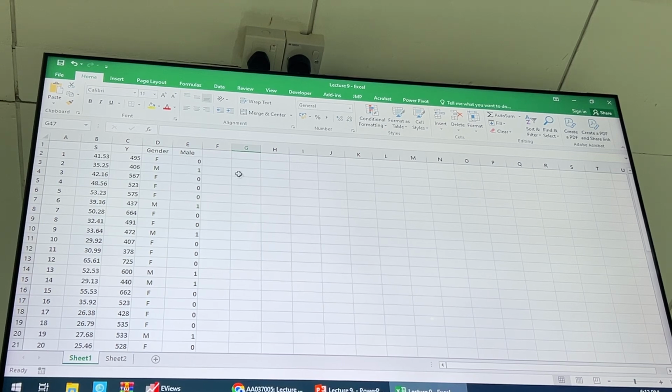At the same time, you can also have a dummy variable for female. If the observation belongs to female, we assign 1, if not we assign 0. So this one is male, and this one, F, female, and then we put 1, if not 0.